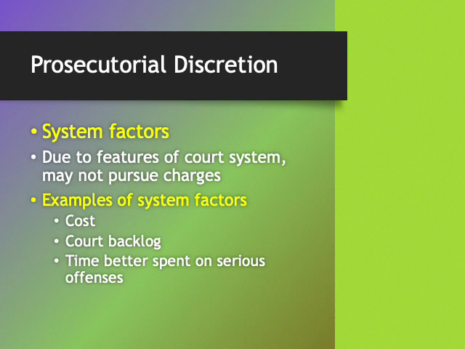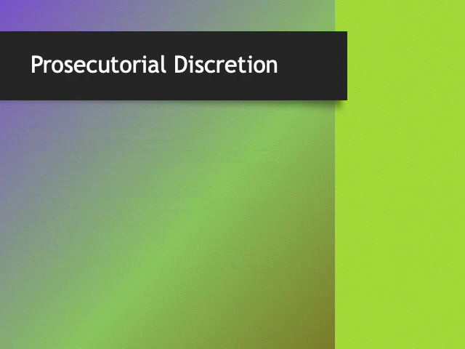So a prosecutor might ask themselves, you know what? Maybe I should spend my time as a district attorney on more serious offenses or more prevalent offenses that are taking place within the community. So those are some of the system factors that prosecutors can take into consideration.